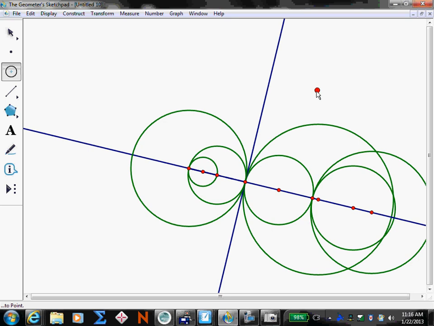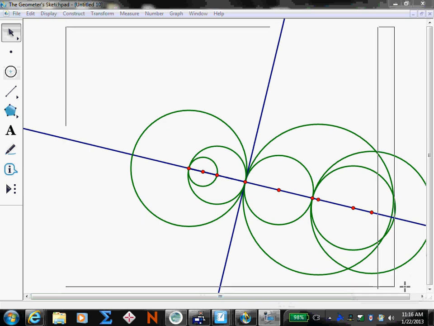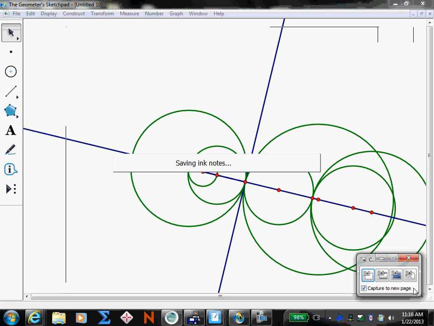Externally tangent, the circle's lying on the exterior of the other one. So I will take a picture, and you can put it in your notes, and talk about internally tangent and externally tangent.